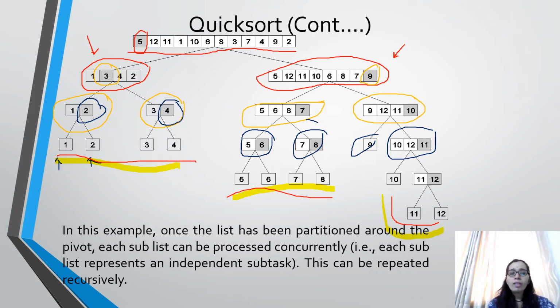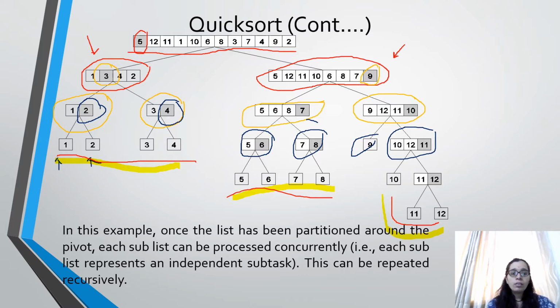As I have mentioned in this slide, once the list has been partitioned around the pivot, each sublist can be processed concurrently. This is where the concurrent execution comes into the picture. Each sublist represents an independent subtask. What is the meaning of this?